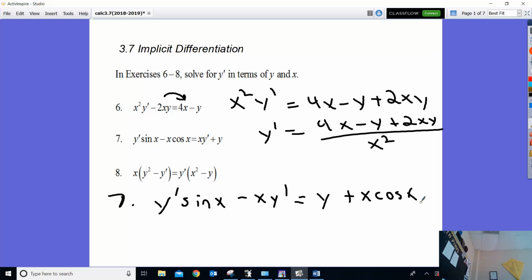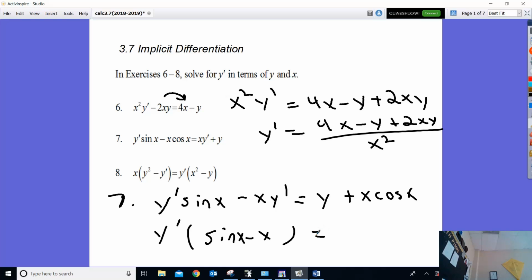Yes, commandment 1. What can you pull? What do both pieces on the left-hand side possess? Y prime. So you pull that y prime. You pull it from y prime sine of x, what's left? Sine of x minus, because there's a minus, minus x.